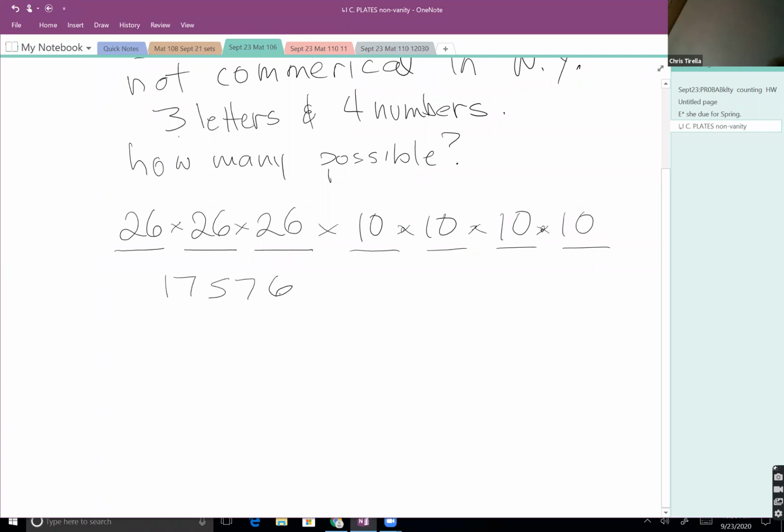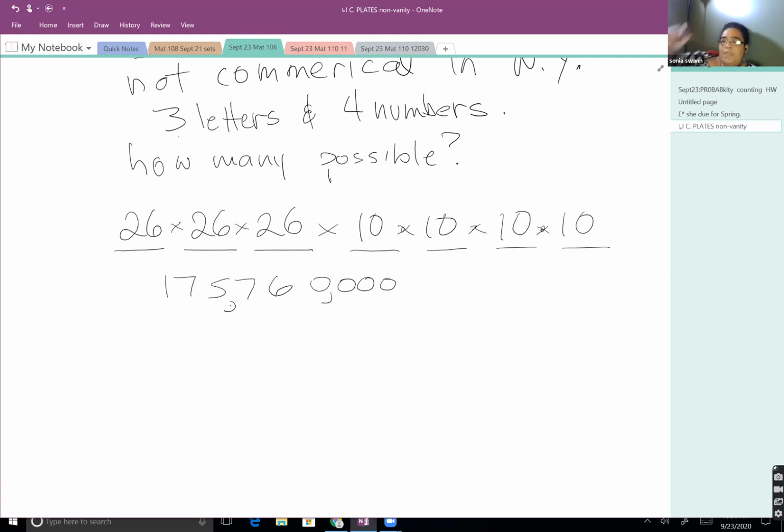And then multiplying that by 10 four times has the effect of adding 4 zeros. And so what is that? 175,760,000 license plate numbers. Think that's enough?